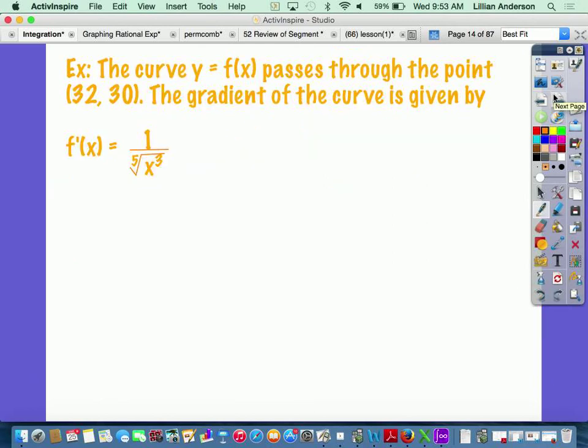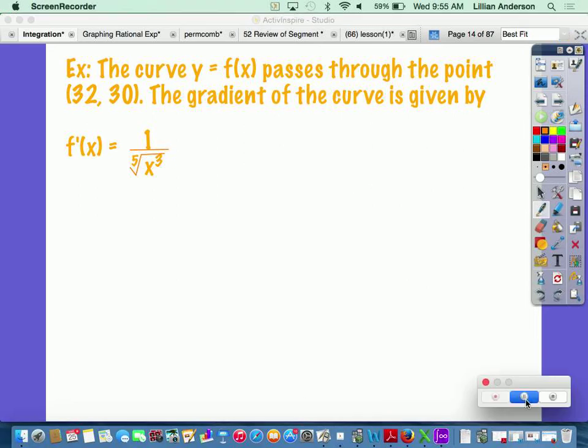Let's look at another one. Okay, the curve y equals f of x passes through the point (32, 30). The gradient of the curve is given by f prime of x equals 1 over the 5th root of x cubed. Okay?